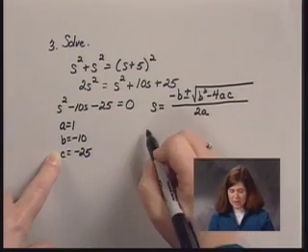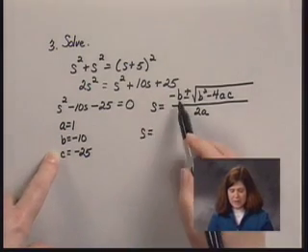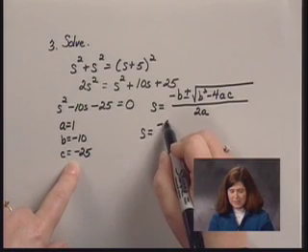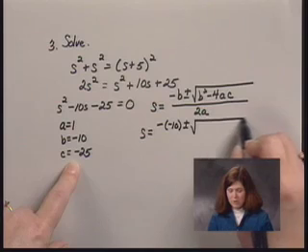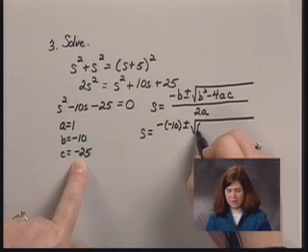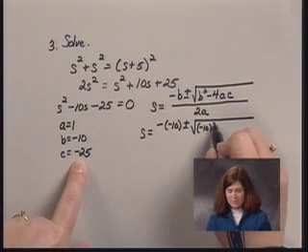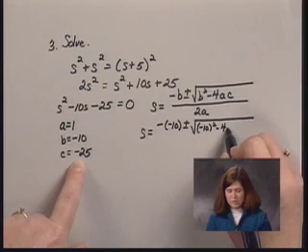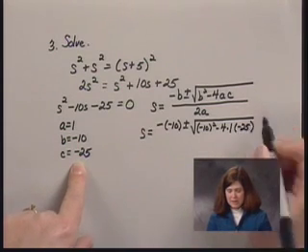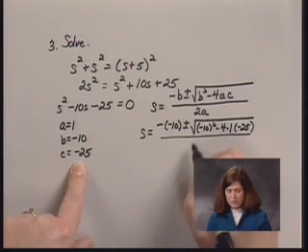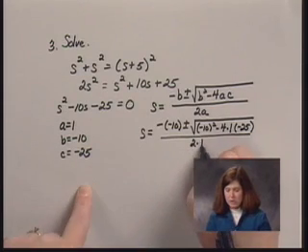So substituting in here, I have s equals the opposite of b, that's the opposite of negative 10, plus or minus the square root of b squared, which is negative 10 squared, minus 4 times a times c, all over 2 times a, or 2 times 1.